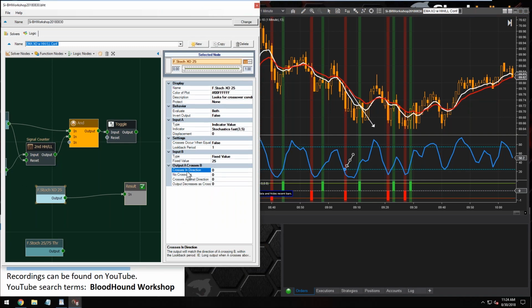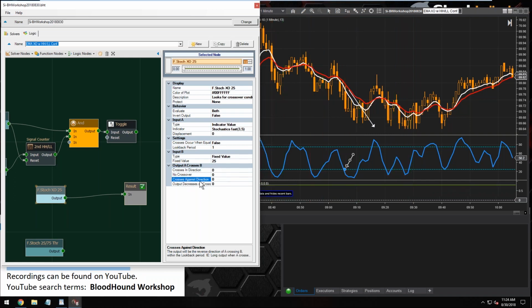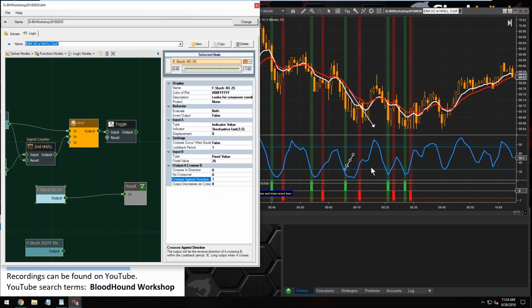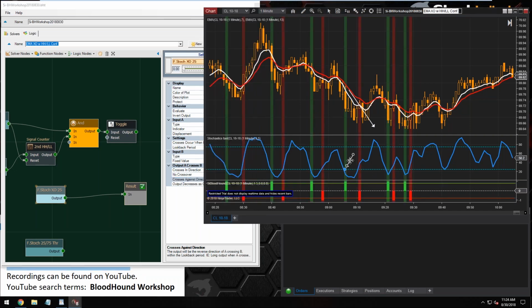So instead of crosses in direction, we'll turn that off, and crosses against direction, we'll turn that on. And there, we can see that it effectively reverses the outputs, right? So this cross down is now generating a long, and the cross up is now generating a short.